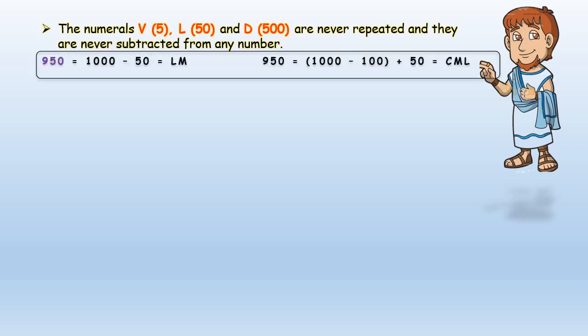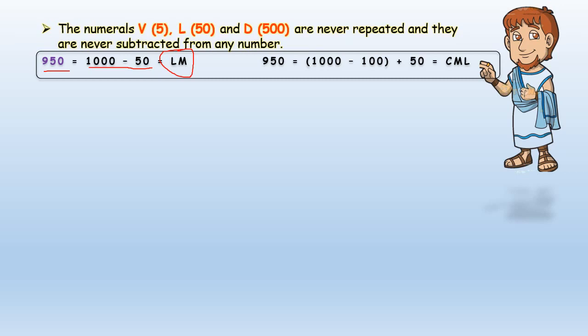Suppose we want to write 950. We can write 1000 minus 50, which is right in Hindu Arabic, but not in Roman numerals. We cannot write LM for 950 in Roman numerals. This is wrong because the rule says L cannot be subtracted from any number.